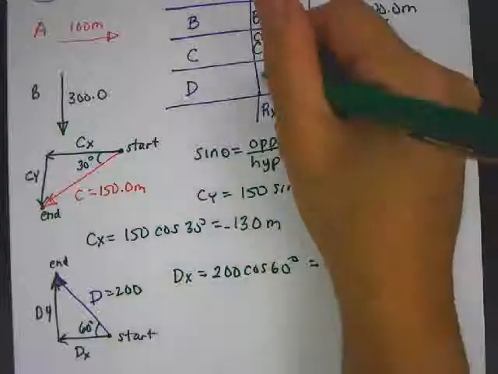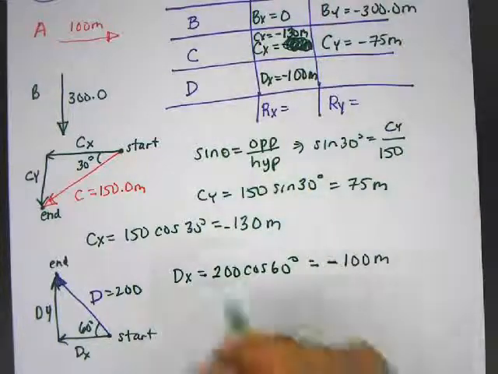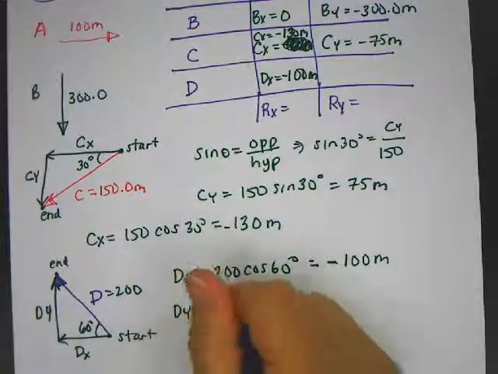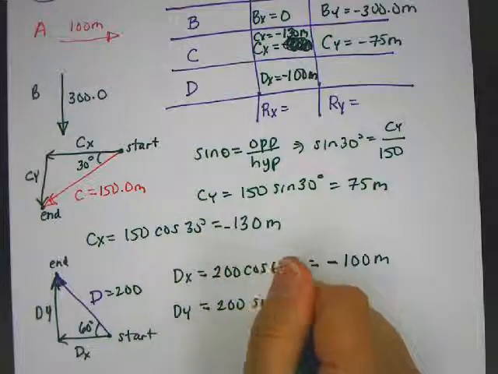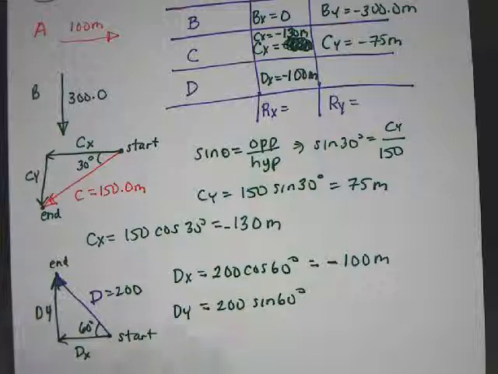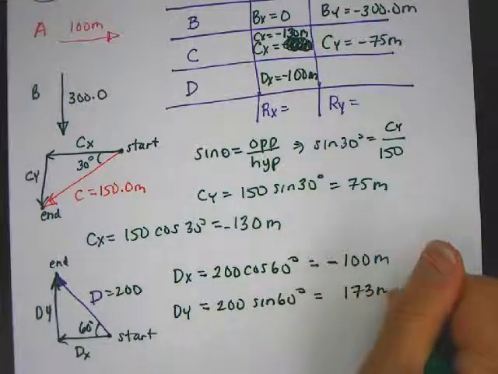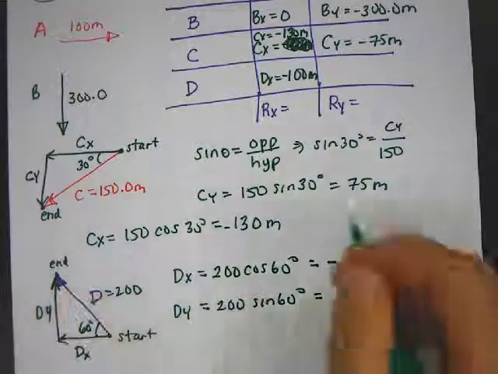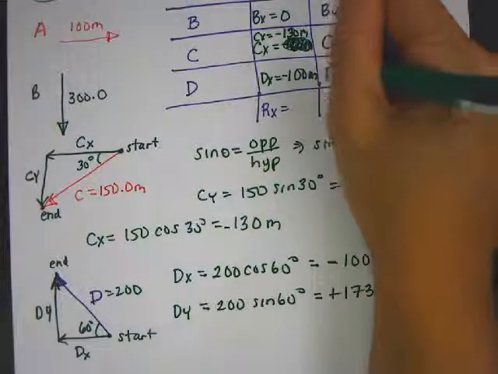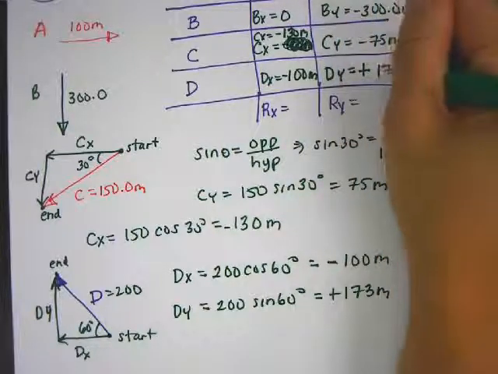So when I put this on the chart, dx is equal to negative 100. dy is equal to 200 times sine of 60, and it's sine because it's opposite the given angle. And this comes out to be 173 meters, and this goes up, and up is positive, so this is plus. So dy is equal to plus 173.